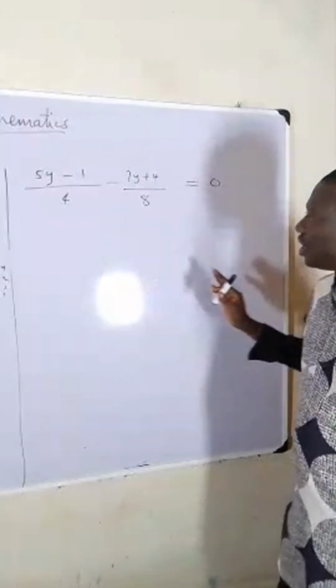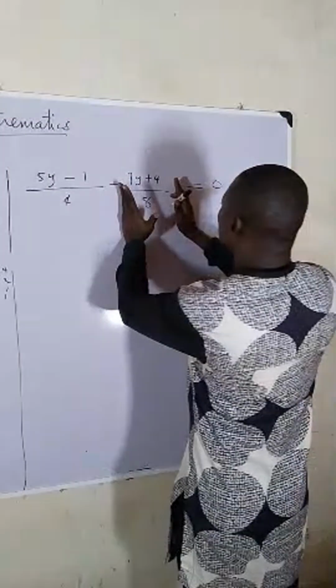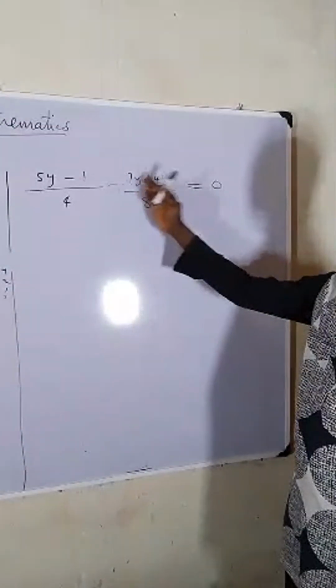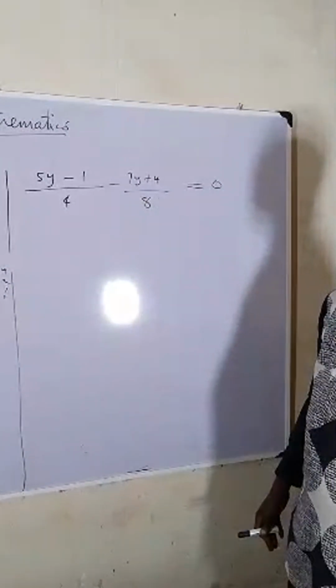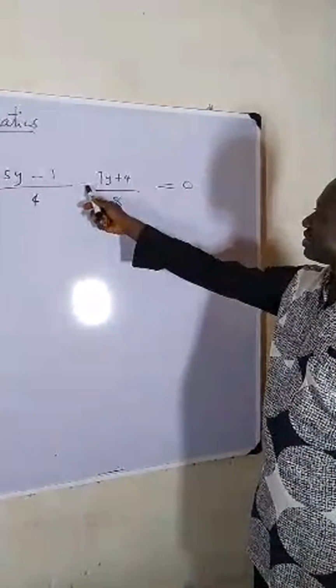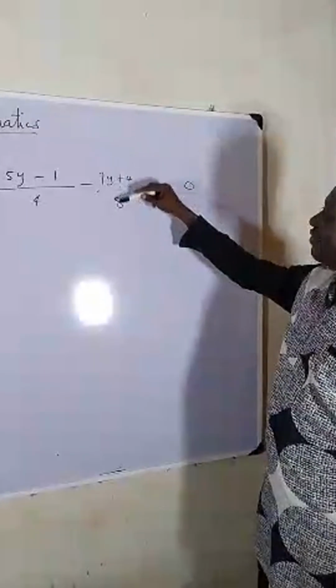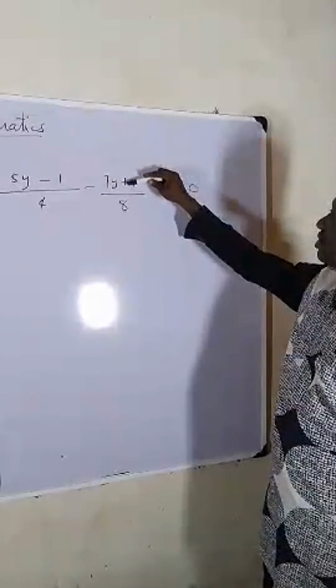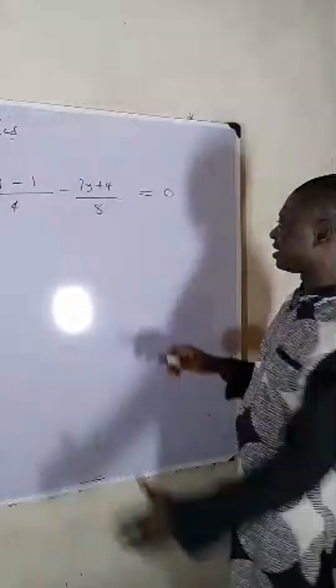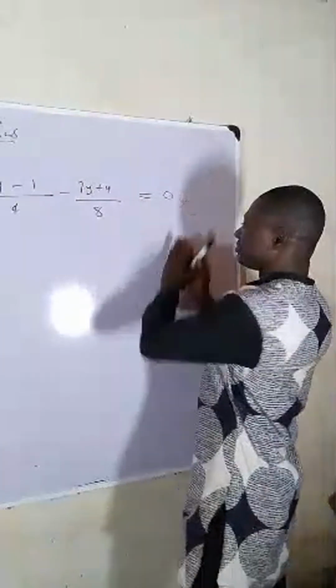You have options here. You may decide to carry the whole of this fraction and take it to the other side. Because it has negative, by then it becomes positive, because the minus sign here is affecting the whole fraction, the numerator and denominator. So if you like, take this value to the other side.